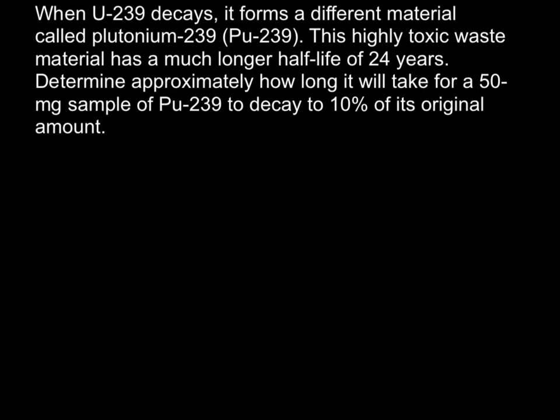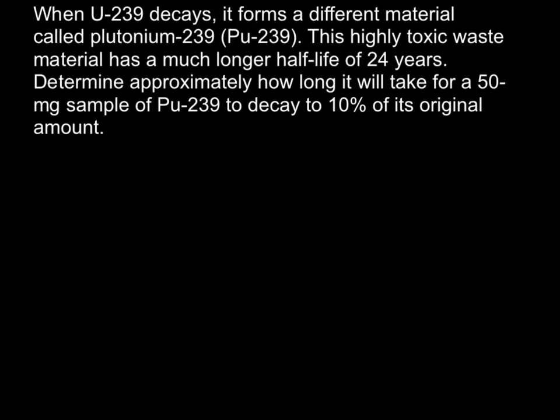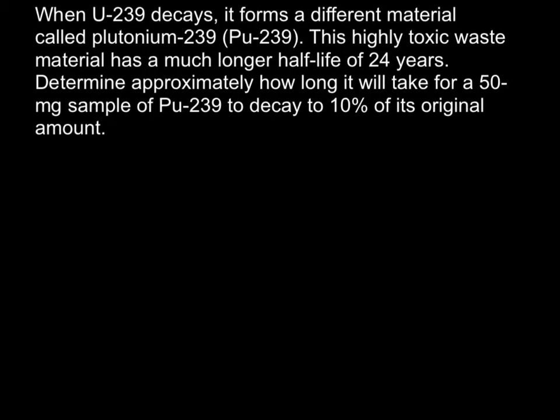Remember, 10% of 50 milligrams is 50 times 10%, which is 5 milligrams. So we have to find the time that it takes to go from 50 milligrams to 5 milligrams.